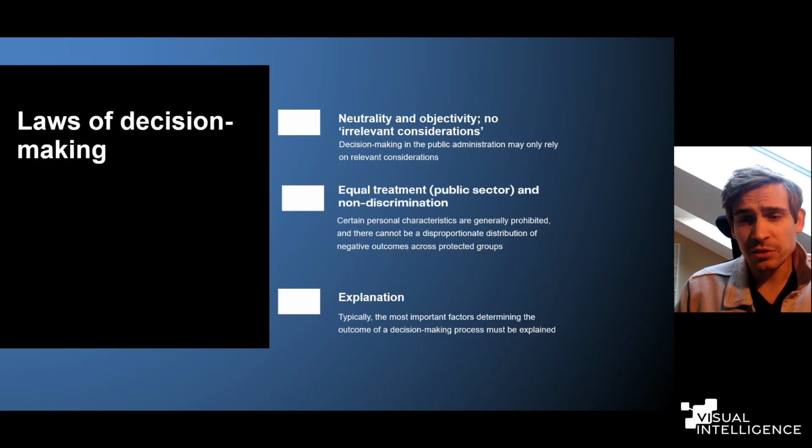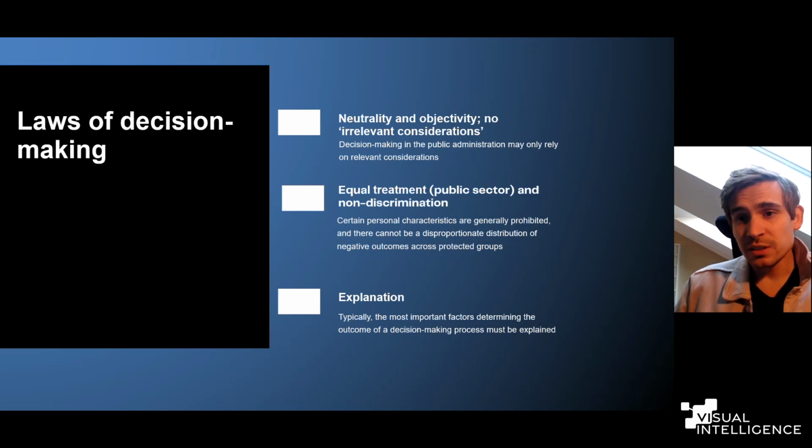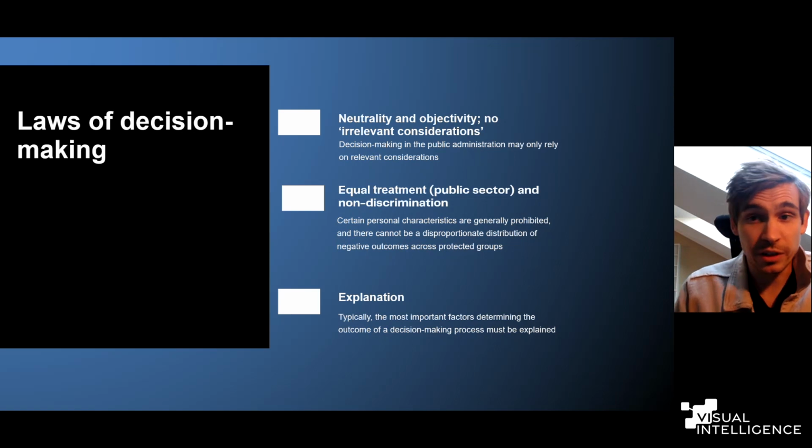There's also the principle of non-discrimination, which was the main focus of my PhD thesis. And this principle generally says that certain personal characteristics are prohibited as a starting point. This means that there are a few characteristics that are always irrelevant considerations, unless there is a specific exception in the law. And this means that it's very important to know whether an AI system uses any of these characteristics as a feature variable.